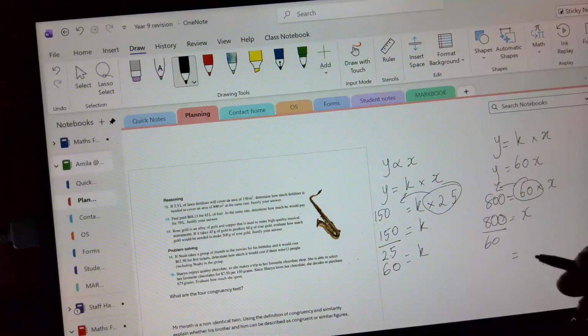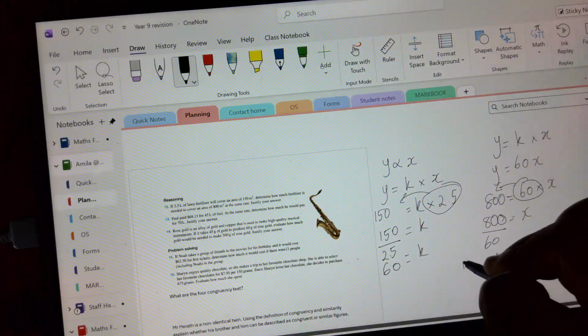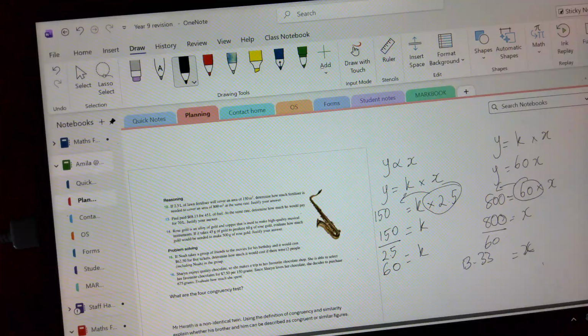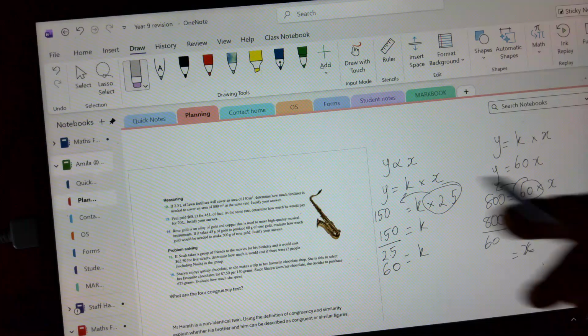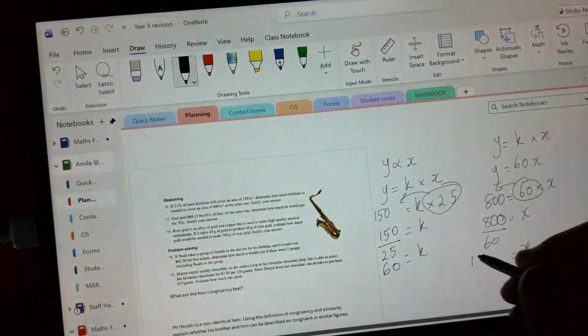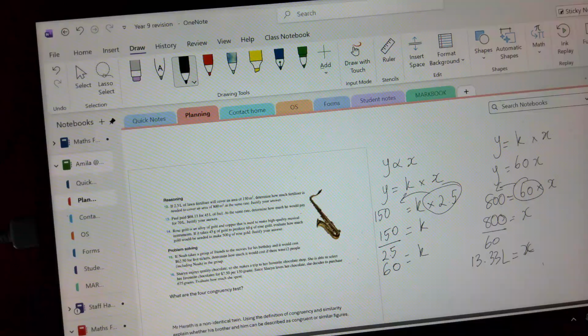That's divide 60, and then x will be equal to 13.33 liters. I'm gonna make that look like a 13 and not a B though. So 13.33 liters of fertilizer.